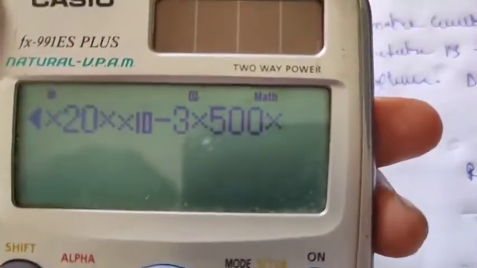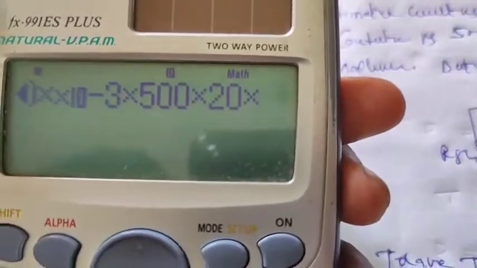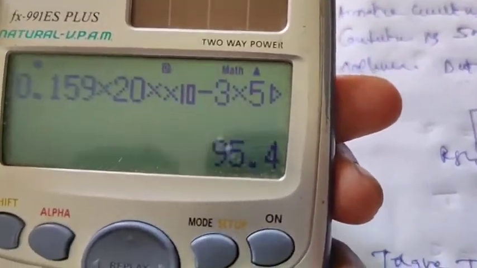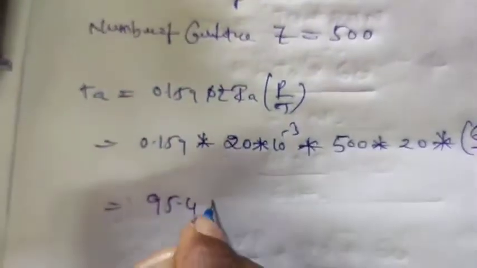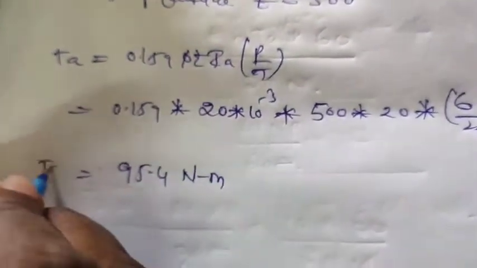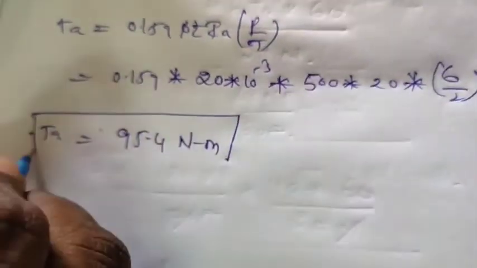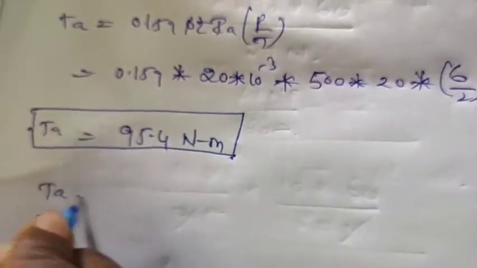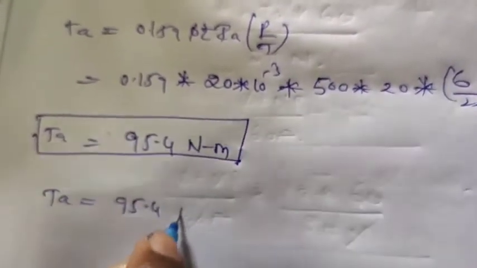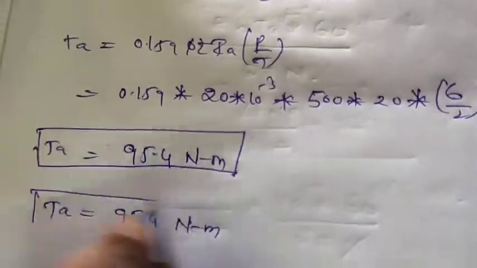So 0.159 into 20 into 10 power minus 3 into 500 into 20 into 6 by 2 gives 95.4 Newton meter. This is the armature torque. Armature torque equals 95.4 Newton meter.